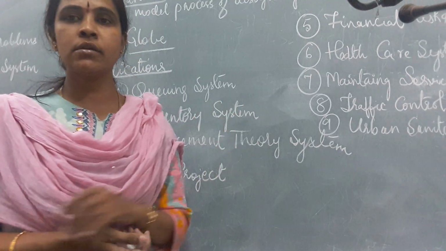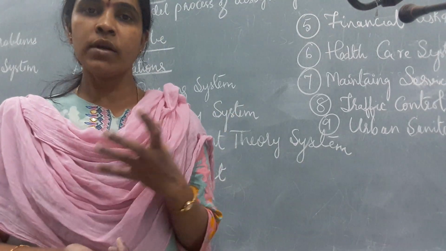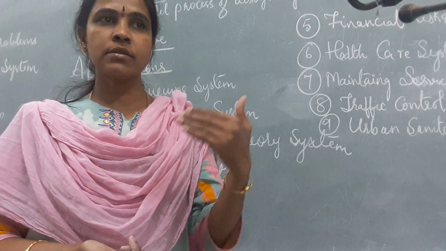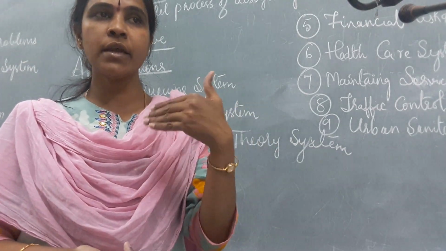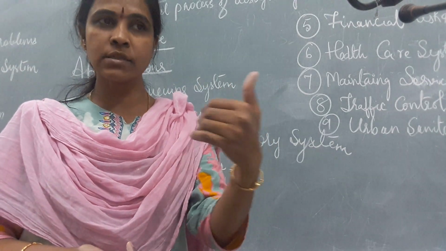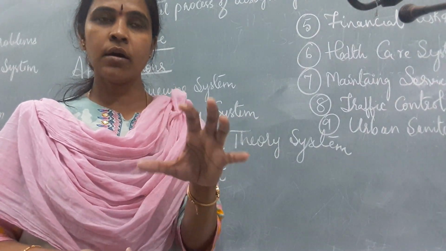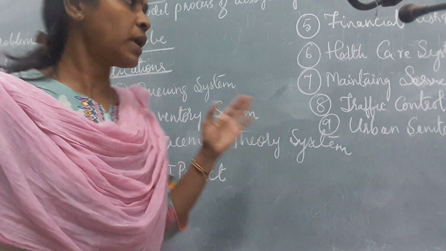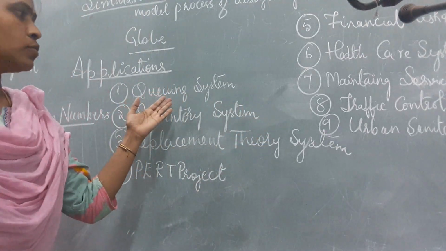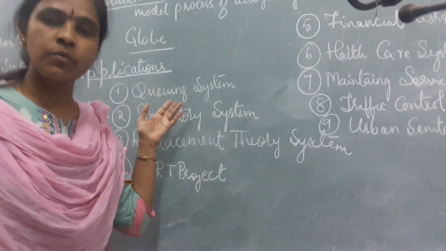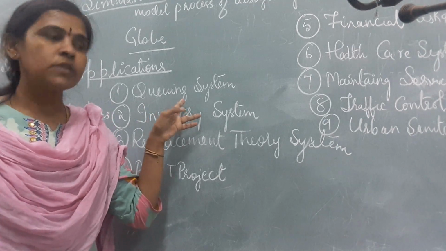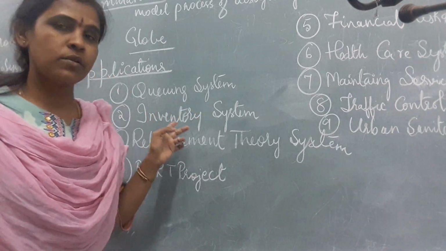What is the service rate, what is the idle capacity, how many customers come, at what rate are they serviced, and what is the queue that is maintained? The various aspects pertaining to queuing in the service can be better attended to with simulation.